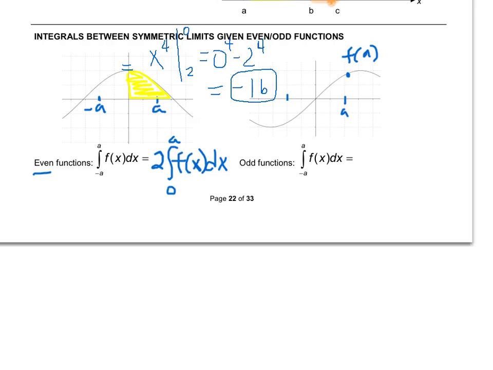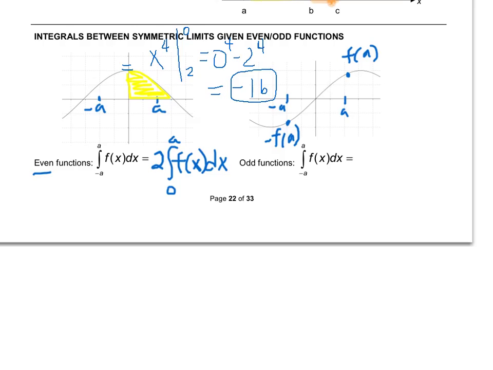Now, if you go in the opposite direction to a negative a value, an odd function has the feature that the y value is the exact same distance from the x-axis, but in the opposite direction. So this would be negative f of a. That's what an odd function is, to remind you guys of that.